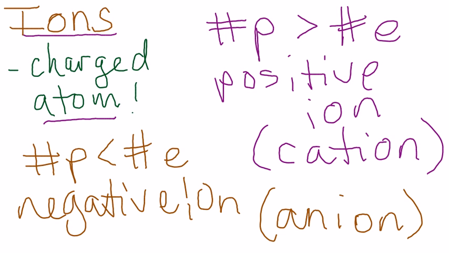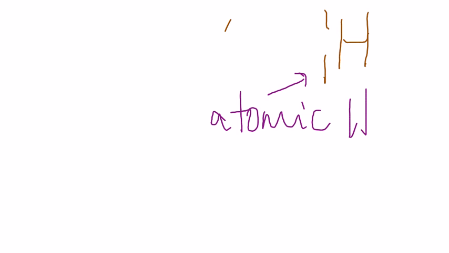Now, let's look at some symbolism for that. Sometimes you'll see this sort of thing. We actually talked about this earlier, where we have the atomic number, which tells us the number of protons.